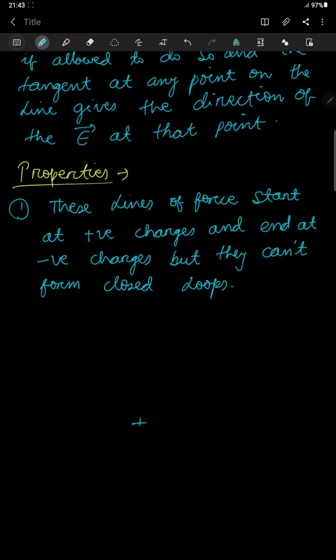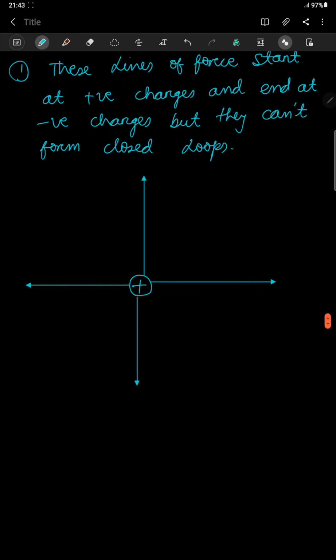Okay, now suppose I am given a positive charge. Suppose I am given a plus Q charge. Now how will the field lines be? You will see this will be the direction. Okay, it will be drawn outwards. It will be like this. Clear? Suppose it is negative.